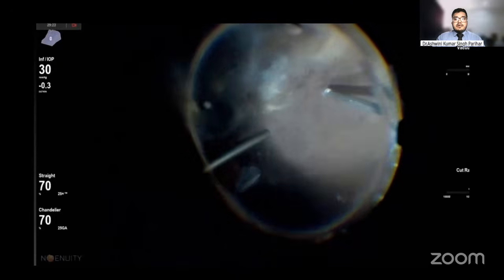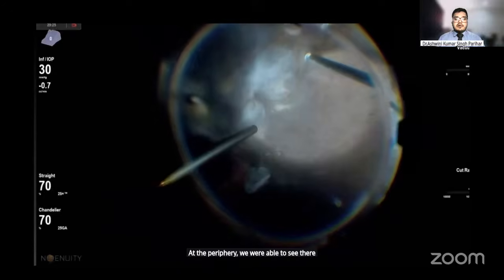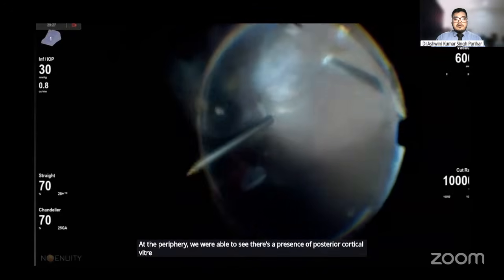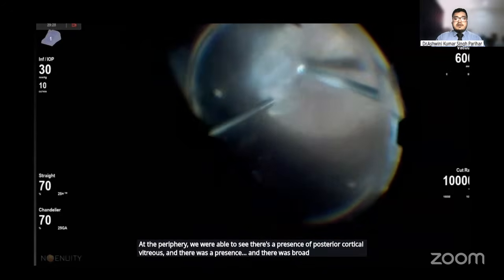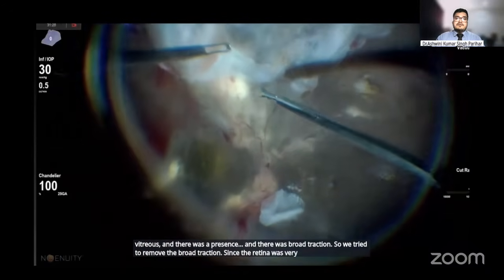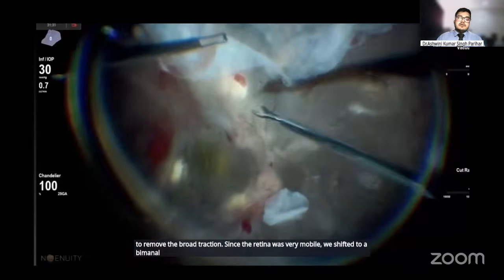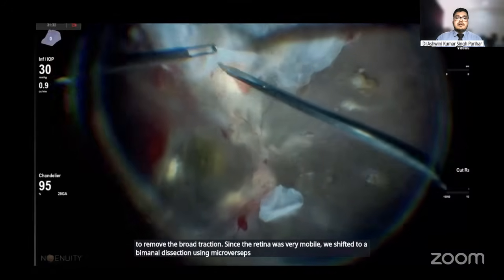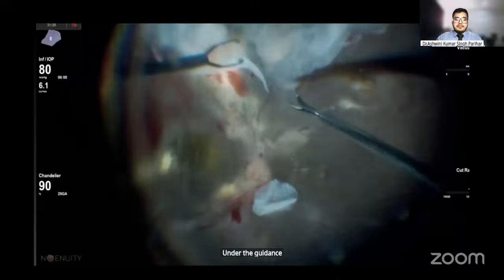At the periphery, we were able to see the presence of posterior cortical vitreous, and there was broad traction. So we tried to remove the broad traction. Since the retina was very mobile, we shifted to a bimanual dissection using micro forceps and micro scissors under the guidance of the chandelier.